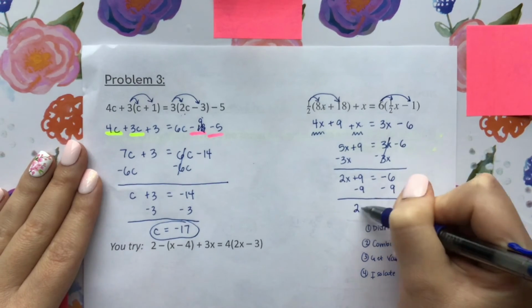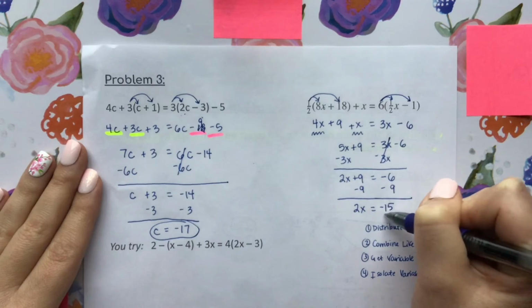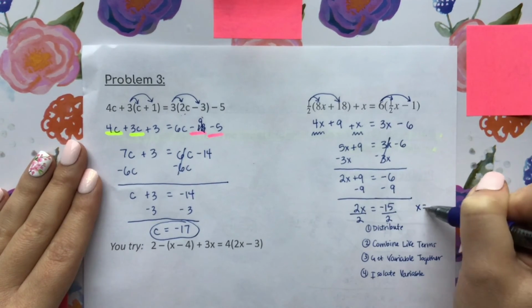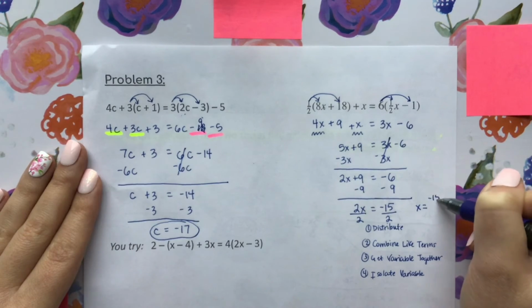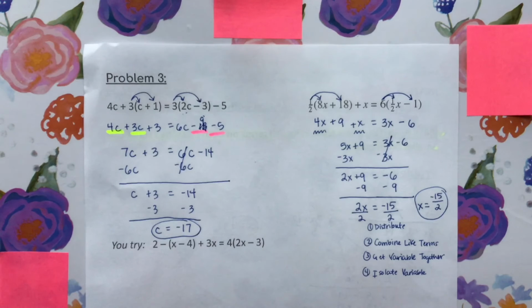And I have 2x is equal to -15. Divide by 2. x is equal to -15 over 2. I'll just leave it like that because it can't be simplified, unless I decided to make it -7.5, but I'm not going to.